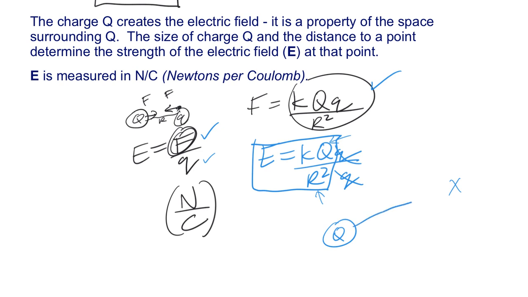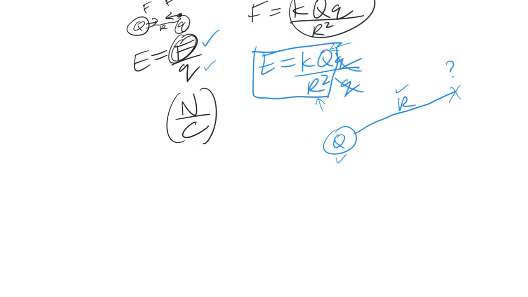If you know the distance between that location in the field and the field charge, then you could just use that equation without having a test charge at all to measure the field. So there's two equations for electric field that you can use depending on what given terms you have.